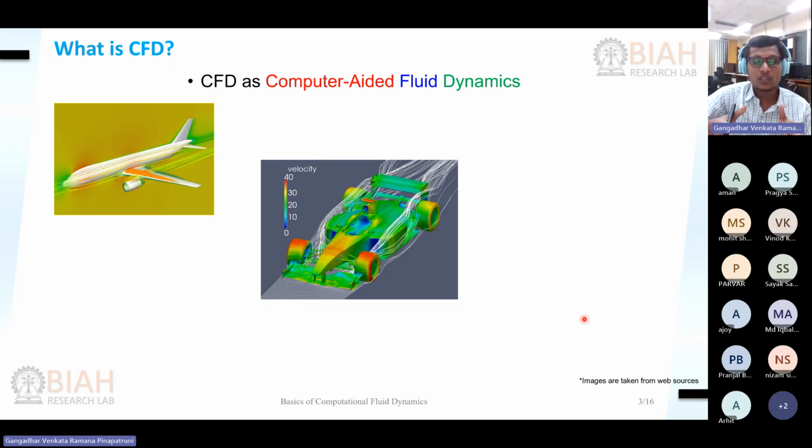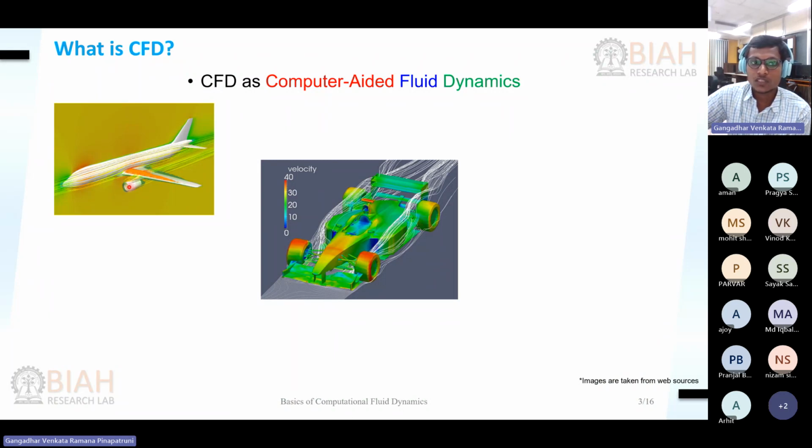I can say one thing, an aeroplane is flying, but it is not propelled by the fluid. Let me clear the question. The aeroplane is flying using the fluid energy, but the propulsion is coming from the jet engines. How many of you know this?